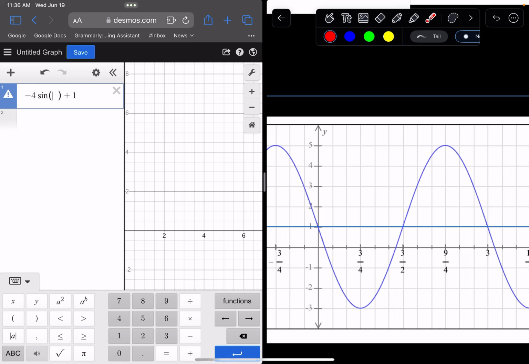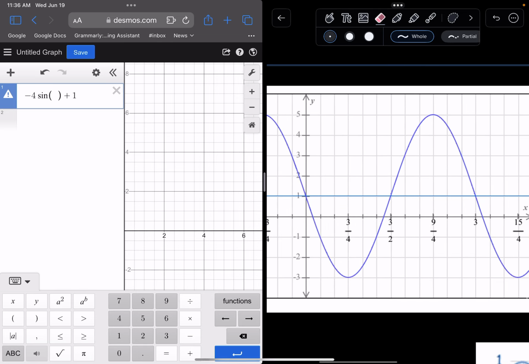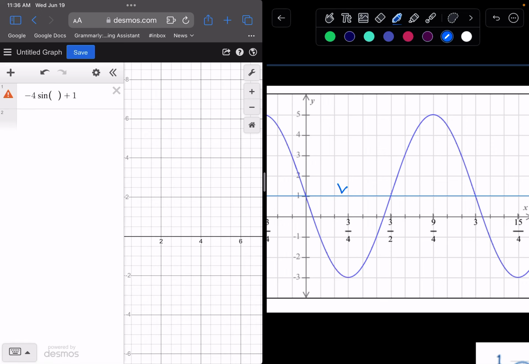Now, we need to find the period. So when the graph completes one cycle, one wave, so that will be whenever here, so we're pretending like this is the new x-axis. We're just going to ignore the translation for now.